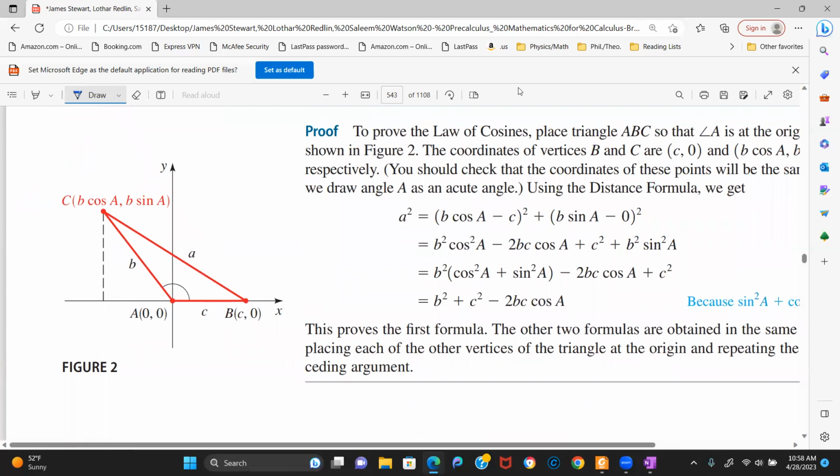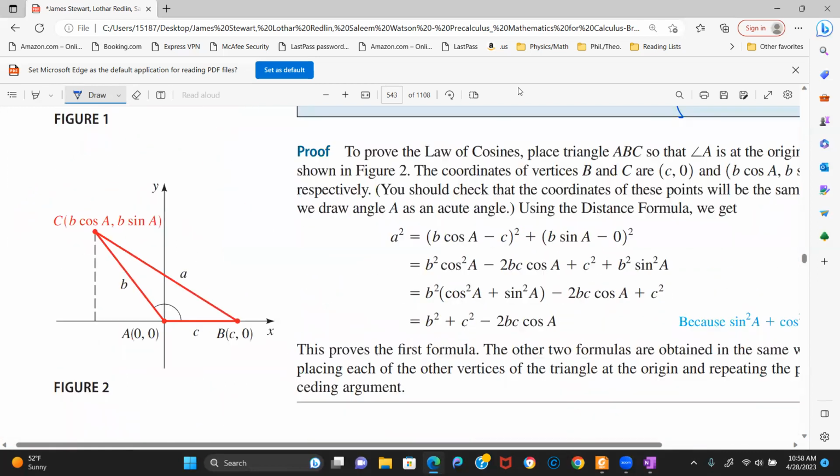So the idea is you start with a triangle, and then you put a coordinate system around it. Just assume that this vertex A, where this angle A is, is the origin for simplicity. Because this side length right here is c, this coordinate must be (c, 0).